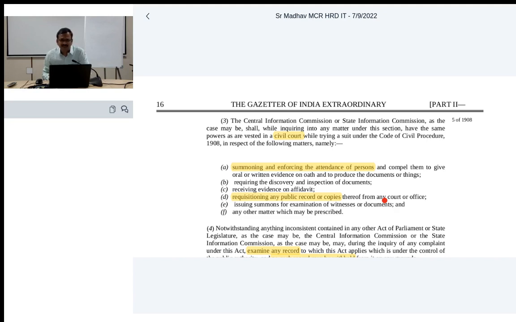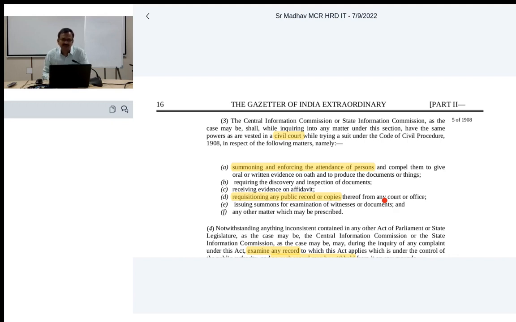So India is one of the few countries which has this provision under which a penalty can be imposed on the public information officer. Prior to 2005, Canada had this provision, but I couldn't come across a single case where the Canadian Information Commissioner imposed a penalty on an officer. In America, we don't have information commissions.